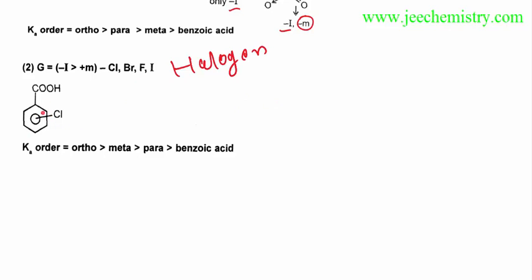Then, for the halogen group, there are ortho, meta, and para positions. Three benzoic acids are there.